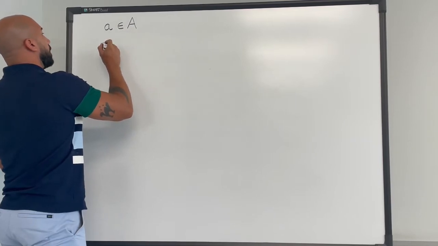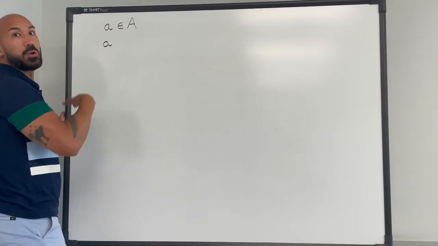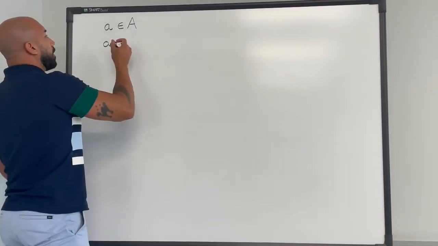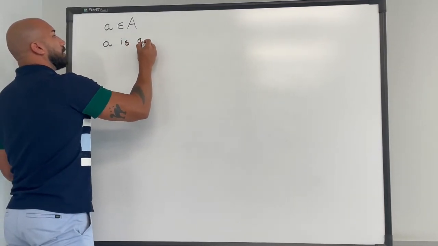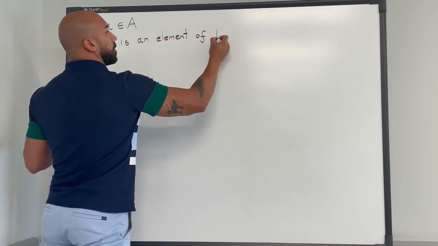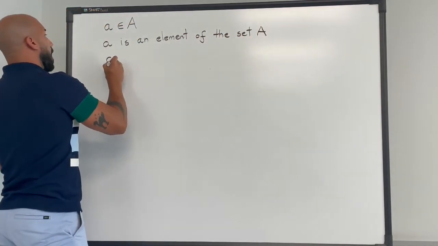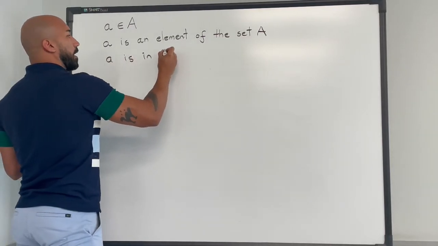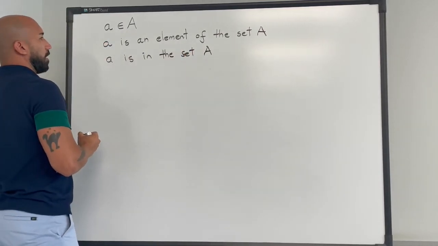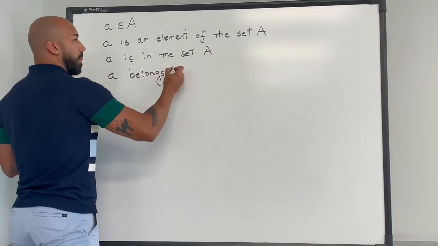The meaning of this is A, but in general it's not necessarily the lowercase letter A. We can make reference to another abstract object is an element of the set A. Or we can say A is in the set A. Or A belongs to the set A.